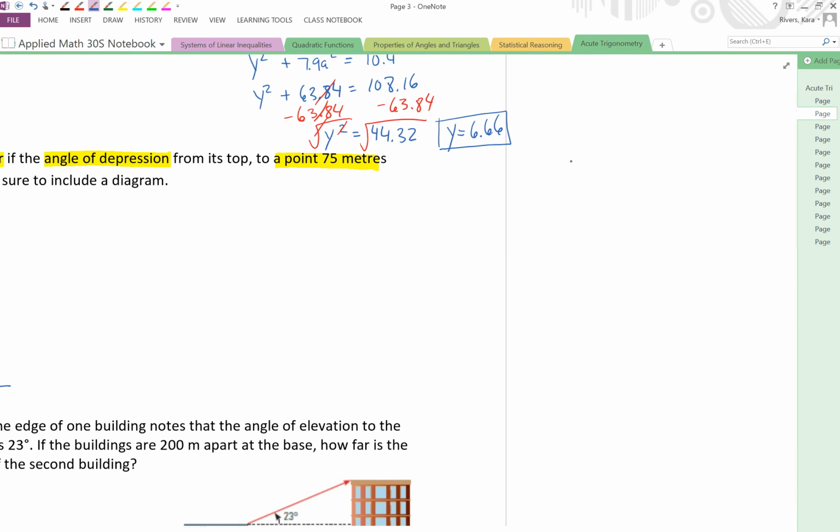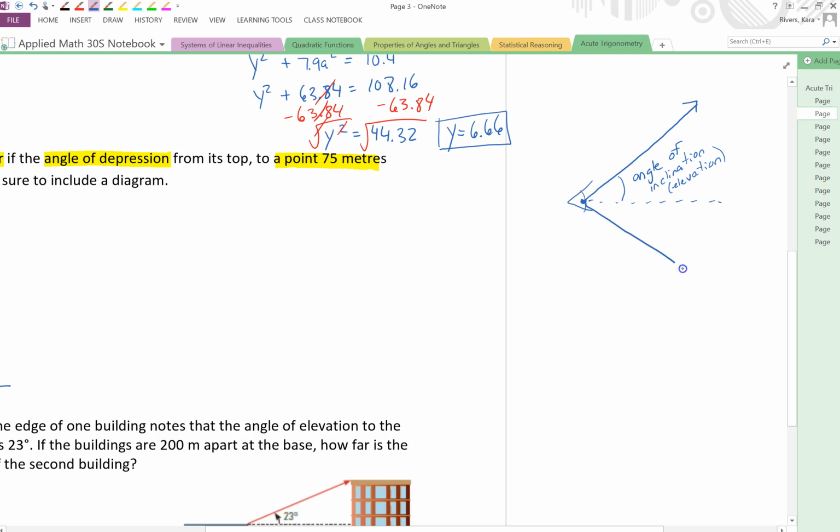Now, remember, if this is your eye, this is your line of sight. When we're looking up, this angle in here is your angle of inclination. Sometimes we see it as elevation.